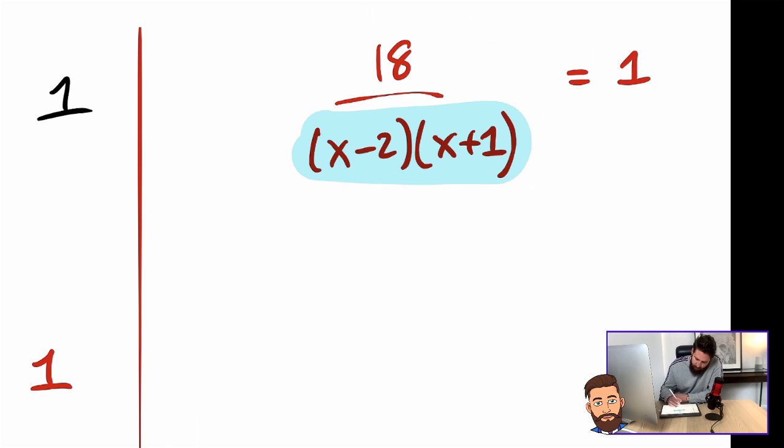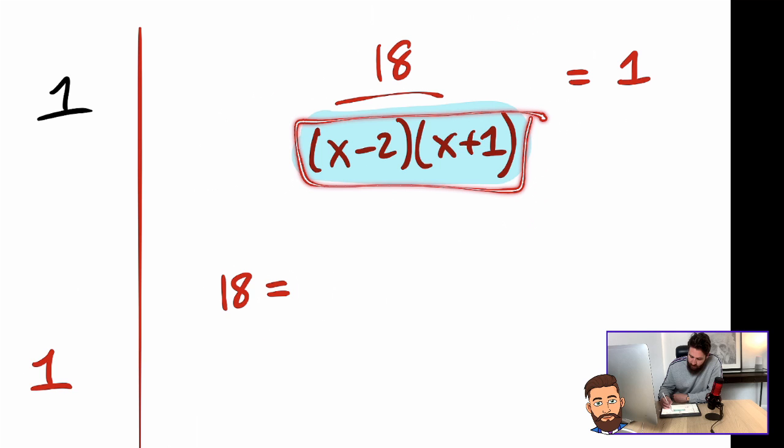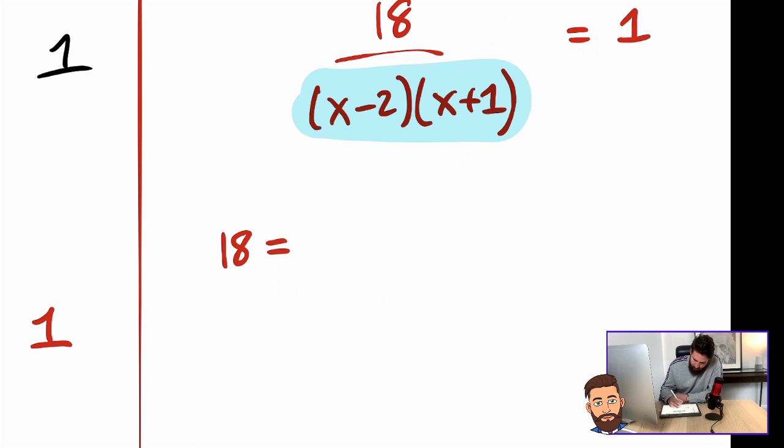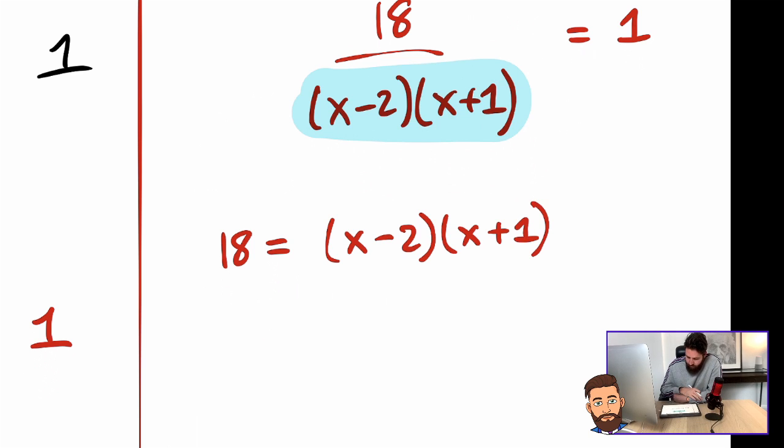Well, that would leave us with 18 equals, well, 1 times this whole set of brackets here is going to be just itself, x minus 2, x plus 1.